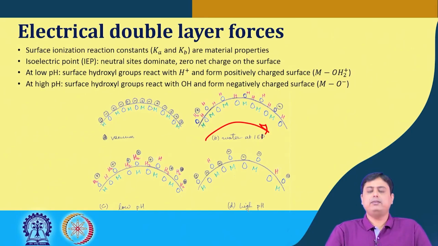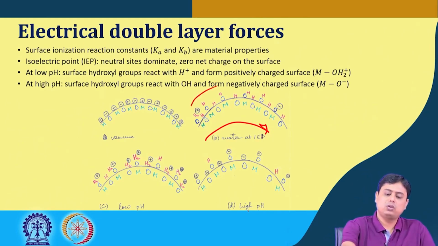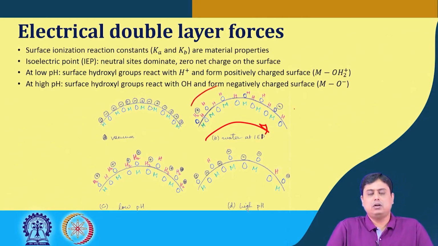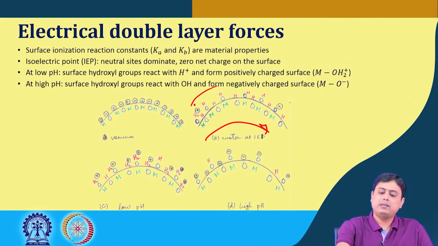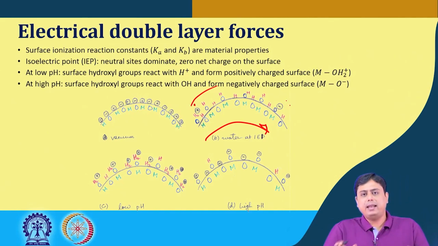There will be a different value of IEP for each and every material, at which the neutral sites will dominate, but there will be occurrence of positively charged and negatively charged ions, but the total balance between these two will be nullified. The numbers will be the same.